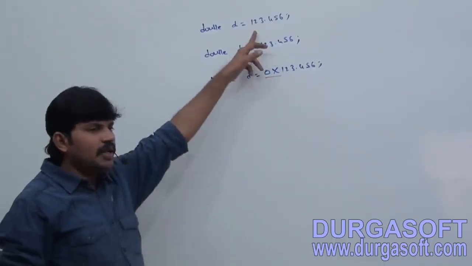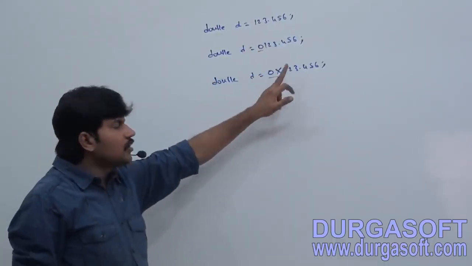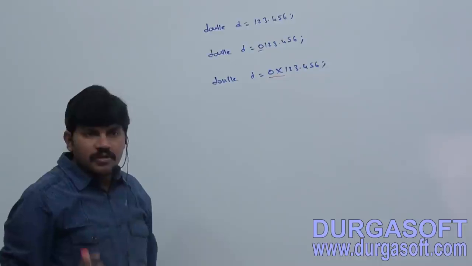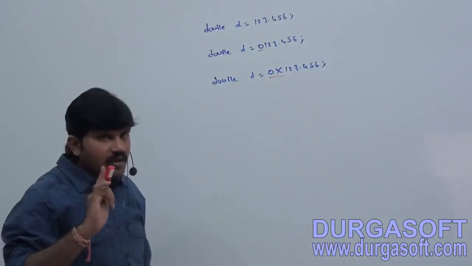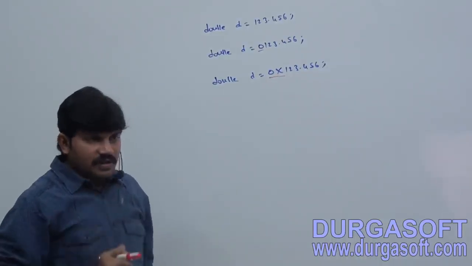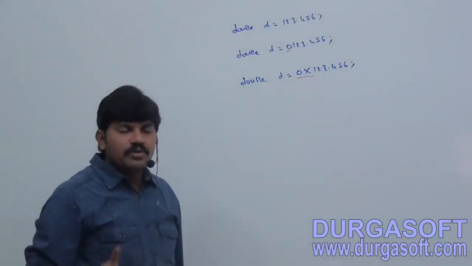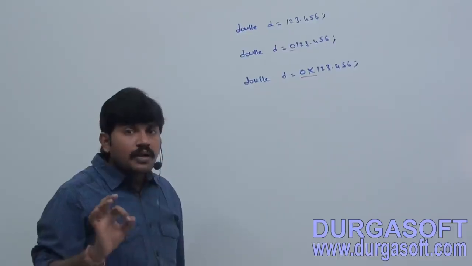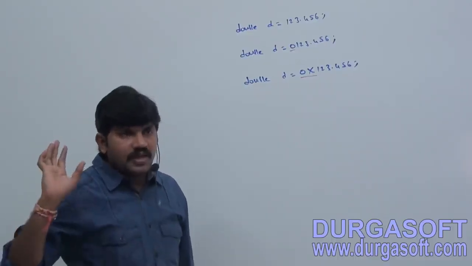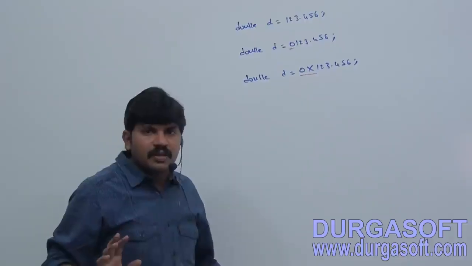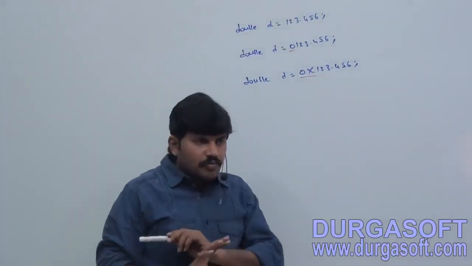First one is decimal, second one is octal, third one is hexadecimal, right? But make sure, very important, the compiler is ready to give an error. Floating point literals we can specify only in decimal form. Octal, hexadecimal, such terminology is not applicable.